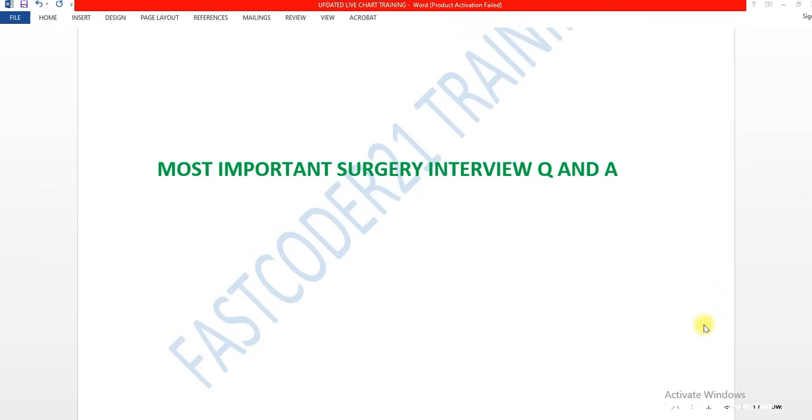Cervical, thoracic, lumbar, sacrum, and coccyx. Okay. What are the fused spine segments in the body? Sacrum and coccyx. Yeah, perfect.